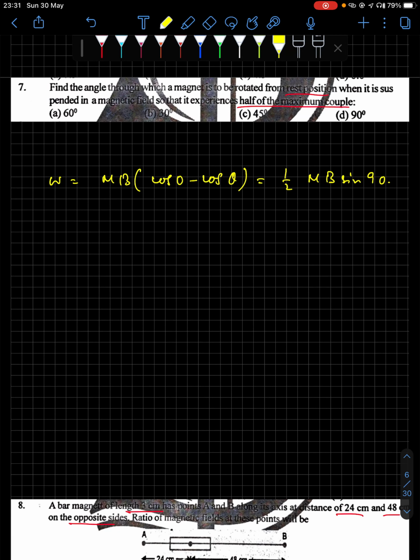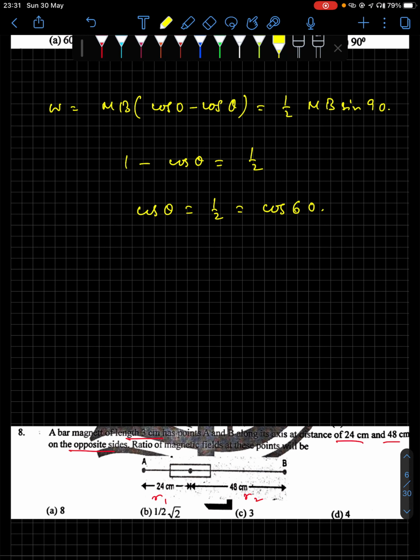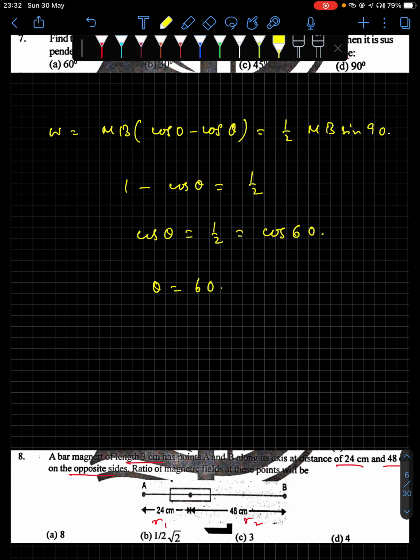Here mB cancels on either side. Cos 0 is 1, so 1 minus cos theta equals sine 90 times half, which is half. So cos theta equals 1 minus half, which is half, and that is cos 60 degree. Therefore your value for theta is 60. Your answer is 60, option number A.